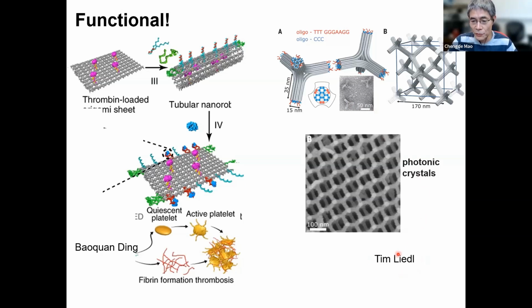More recently, Tim Liedl in Munich developed a strategy to assemble DNA origami structures, like this tetrapod structure, into a diamond lattice. After coating with silica, this diamond lattice can serve as a photonic crystal. This work was just recently published in Science.